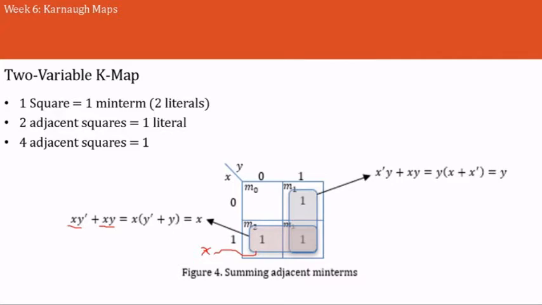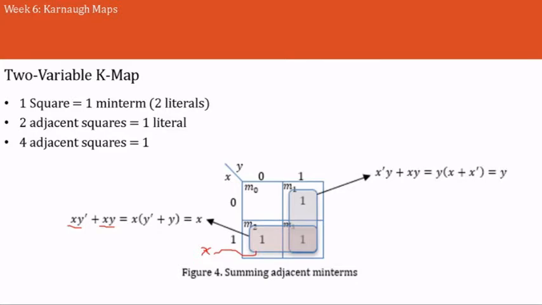How about minterm 1 and minterm 3? We group minterm 1 and minterm 3. The value of x in minterm 1 is x prime, and the value of x in minterm 3 is x. So they have different values of x: one is x prime and the other is x. Since they are different, we cancel it out.